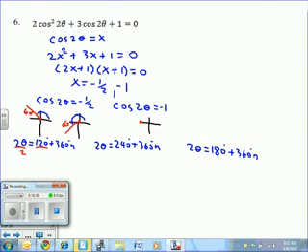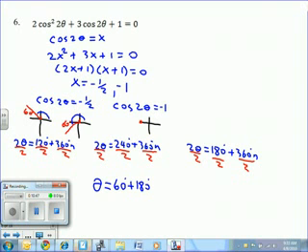And so to solve for theta, we just take all of this and divide it by 2. And so you end up with theta equals 60 degrees plus 180n, 120 degrees plus 180n, and 90 degrees plus 180n.